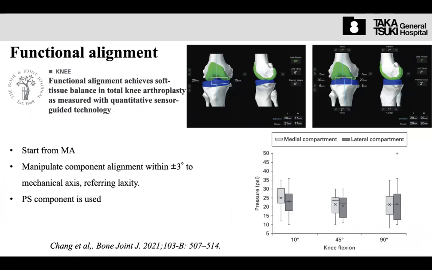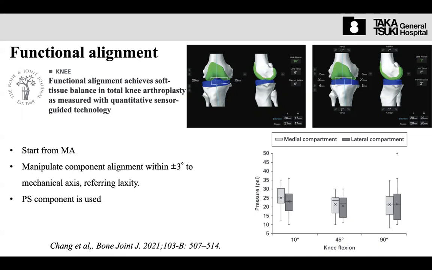But in functional alignment, the cutting plane is decided before the bone cut, after the intraoperative measurement of the gap balancing. Of course, it can be evaluated again intraoperatively after the femur cut, measuring the laxity again and readjusting the tibia cutting plane. That is possible.